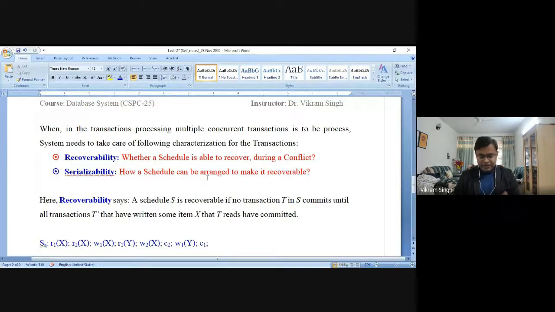So the first characteristic is recoverability. Recoverability says, is your failed schedule able to be recovered? We need to characterize it. We need to identify whether there is any possibility of recoverability or not. If there is no possibility of recoverability, then we can go for option two, which is called a rollback, right?